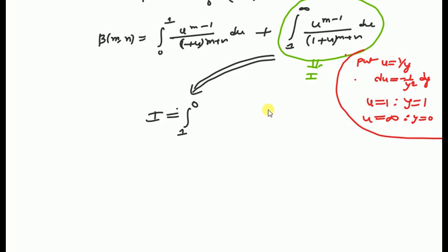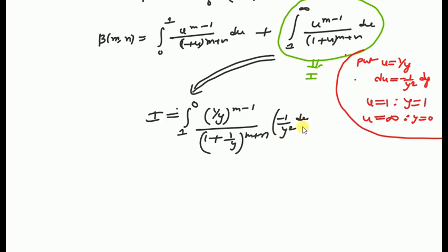In place of u I am substituting 1/y: (1/y)^(m-1) divided by (1+1/y)^(m+n), and in place of du we substitute minus 1/y^2 dy. Okay, I hope it is clear. Now just rearrange the terms, you will get the answer. I am just rearranging the terms.